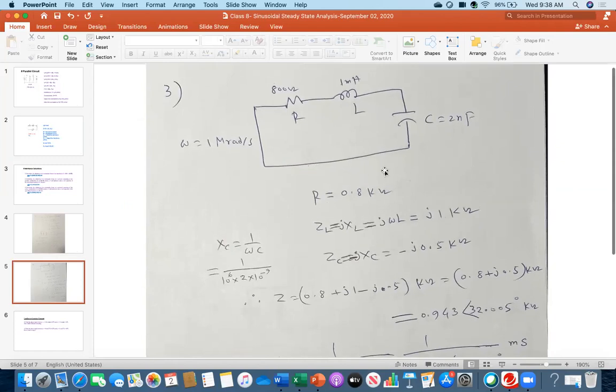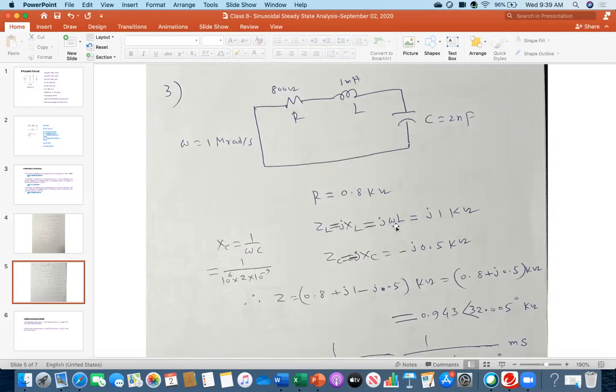Therefore, everybody see, R is fine, R as it is. I don't need to do anything. I just converted 800 ohm into kilo ohm, so I wrote 0.8 kilo ohm. Now, what is this one? As I said, it is jXL. I am directly using the symbol jXL so that I can use it directly in the equation. What is XL?